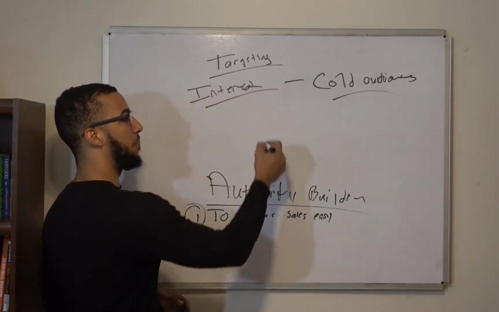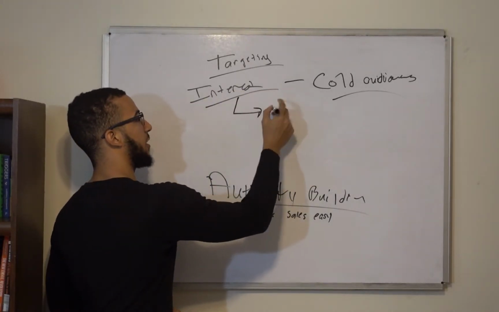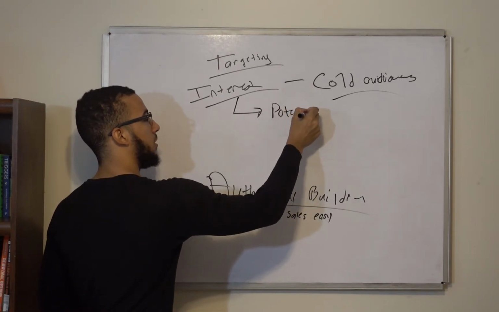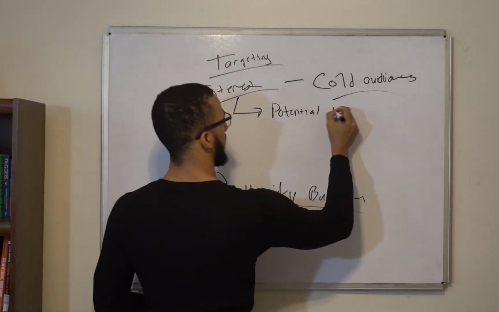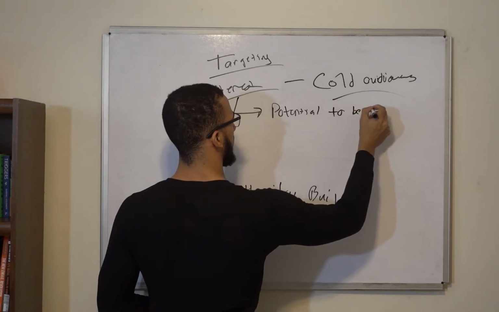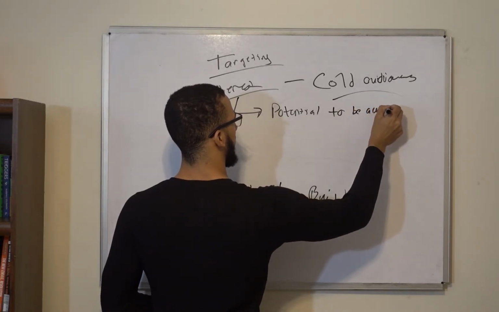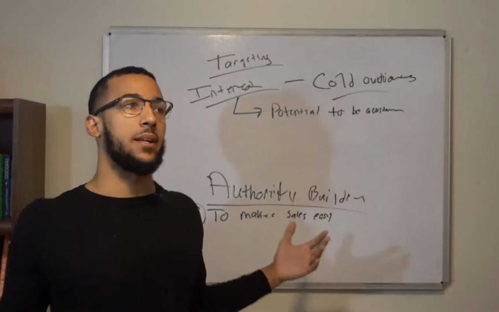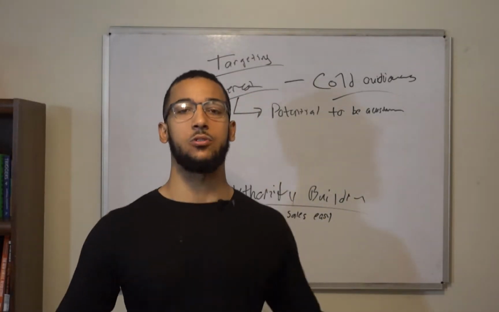It just shows that they have a potential to be a customer, right? Now you might be asking, okay, well, that's what a prospect is, right? The definition of a prospect is a potential customer.